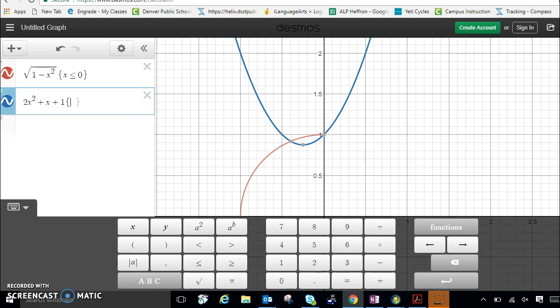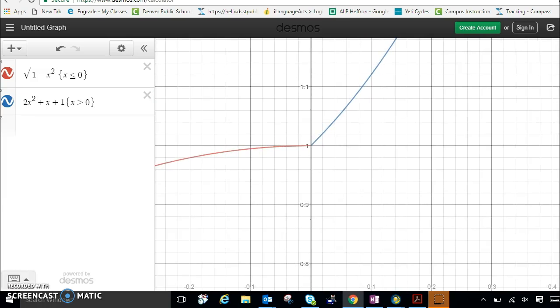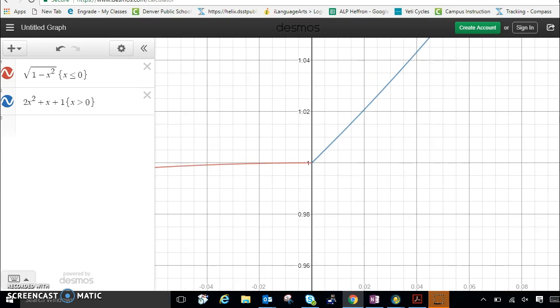So I will put the little squiggly brackets, x greater than 0, and close my brackets out. Now you can hopefully see that there is a cusp right here. And if we zoom in, you can definitely see the cusp. It is not smooth where those functions come together.